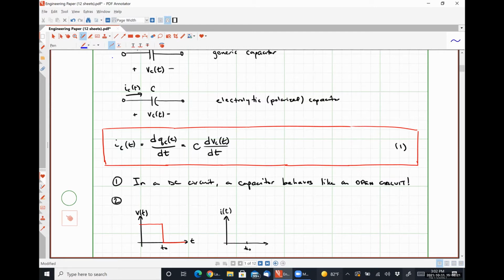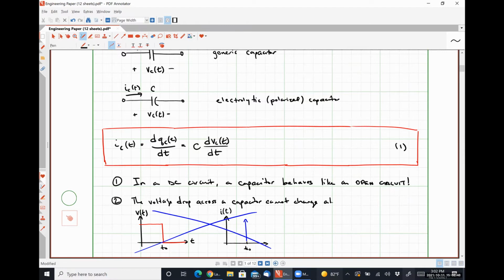So graphically, this would look like an impulse function, like so, but generally speaking, it's bad. So we can say that the voltage drop across a capacitor cannot change abruptly.